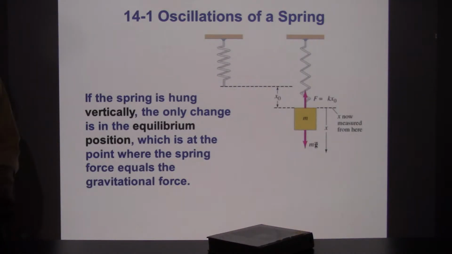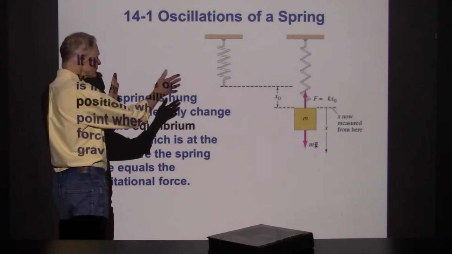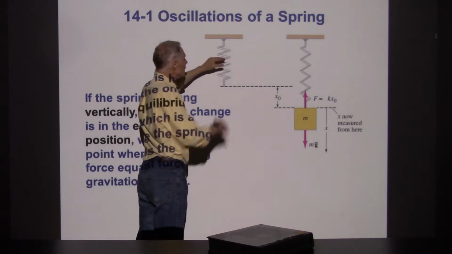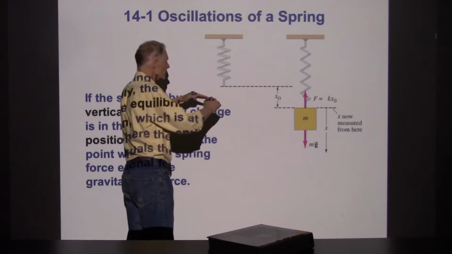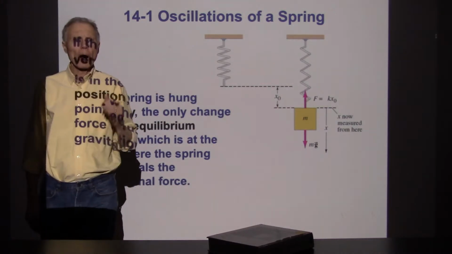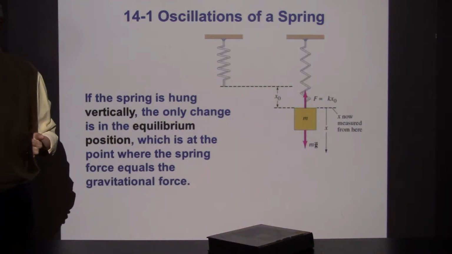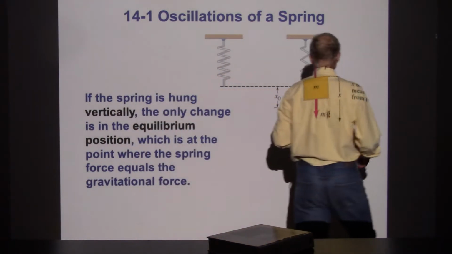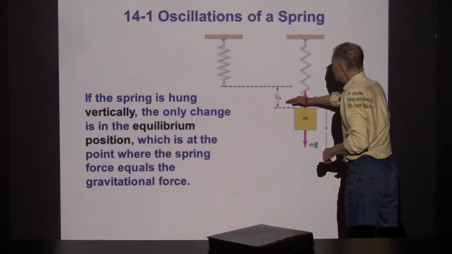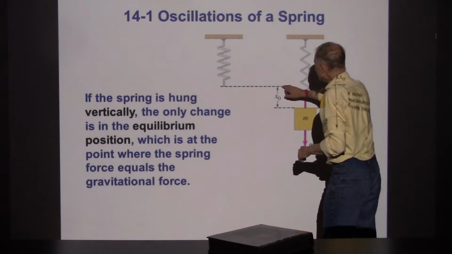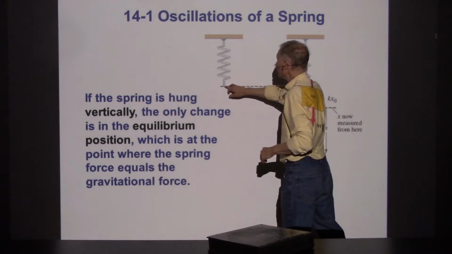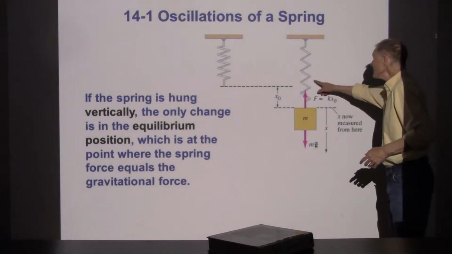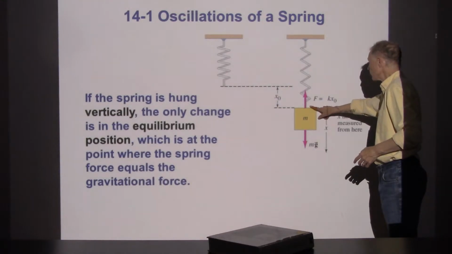All right, what happens if, instead of a horizontal frictionless surface, we hang the object from a spring and let it oscillate vertically? Well, it turns out hanging the spring vertically, the effect overall is to just adjust the equilibrium point. Now, instead of the equilibrium point corresponding to the spring not being stretched out, the spring is stretched out at equilibrium.